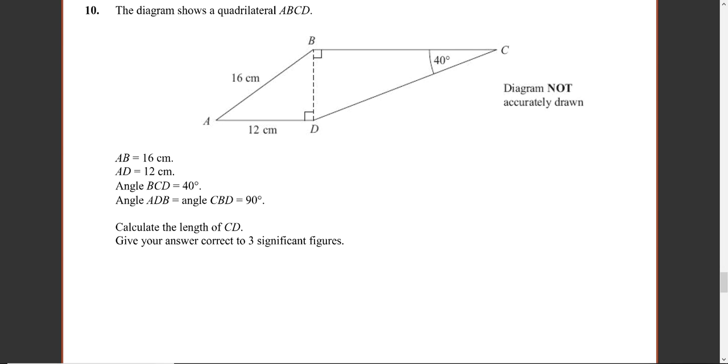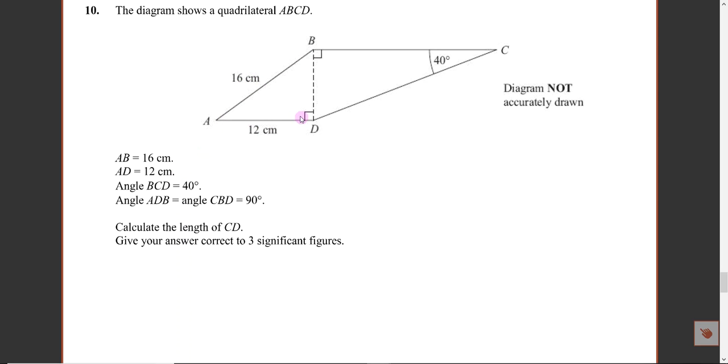So what do you notice about the diagram first off? There are 2 triangles. Okay? There are 4 sides, but it's definitely 2 triangles. Quite sometimes, however, they don't necessarily split it for you quite nicely like that, but they have in this case. And we should read this and just check all the information that they've given us in the question is on the diagram. So AB is 16, that's there.